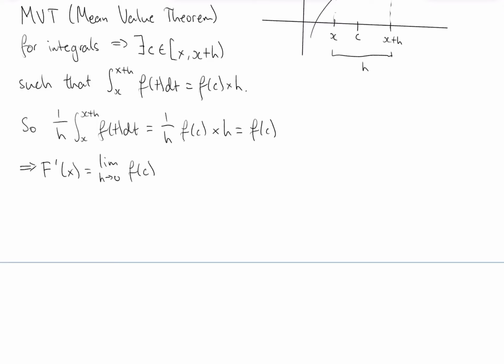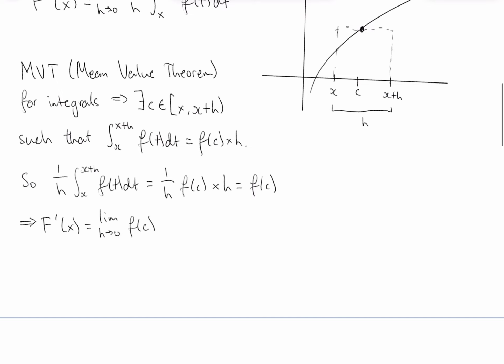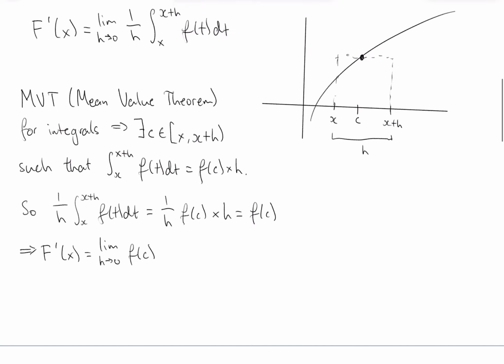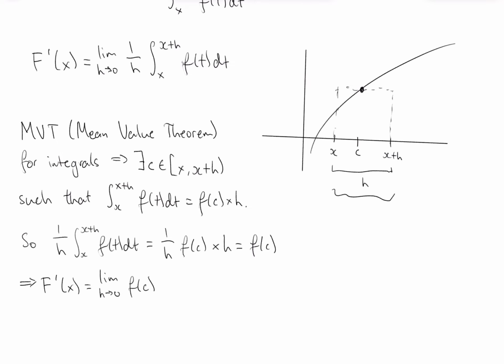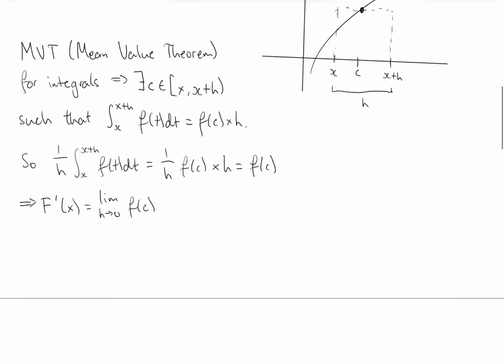And what happens is, h, remember, is just this width. If you have h approaching 0, that means this width is approaching 0, and as it approaches 0, this width gets smaller and smaller until you're just at the point x. So the limit as h approaches 0 of f of c is just f of x.